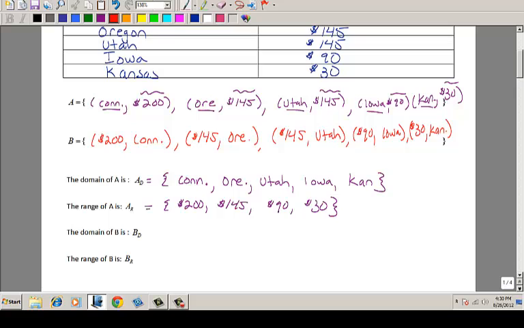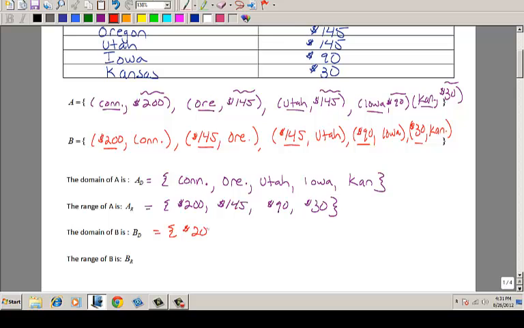Let's look at the domain and range for relation B. The domain of relation B is going to be that $200, $145, $145, $90, and $30. Recall, we only need to write $145 once because it's the same number.